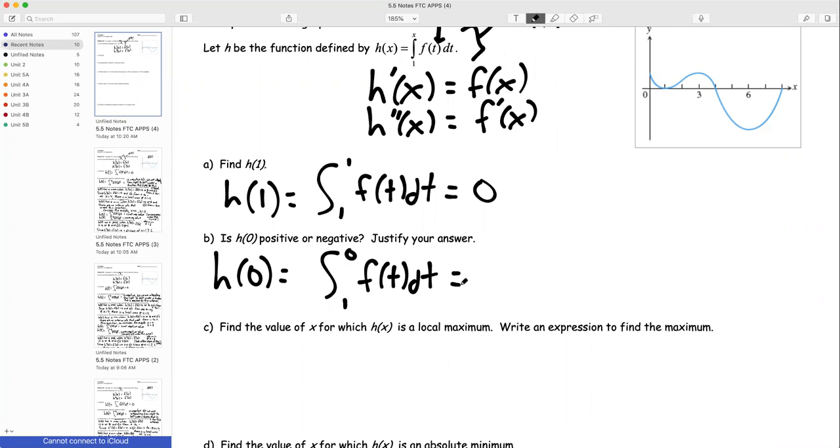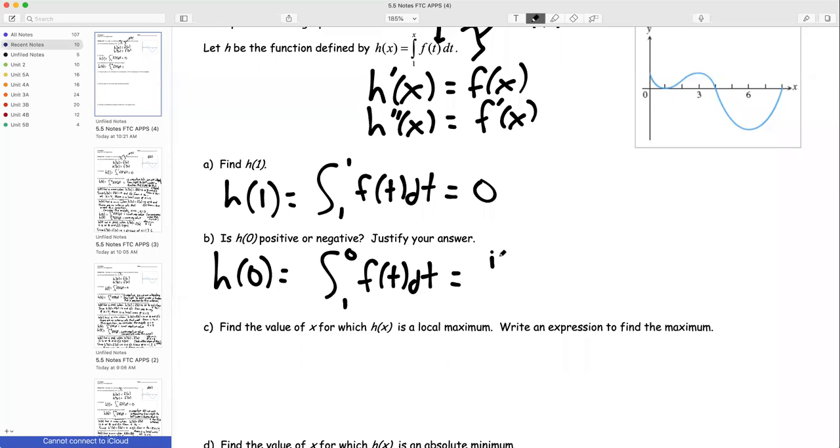And if you look at the graph, the area under the curve from 0 to 1 is positive. However, since the function is defined as beginning at 1, I am moving backwards from 1 to 0. Therefore, it will change the sign. And so the value of the integral is therefore negative.